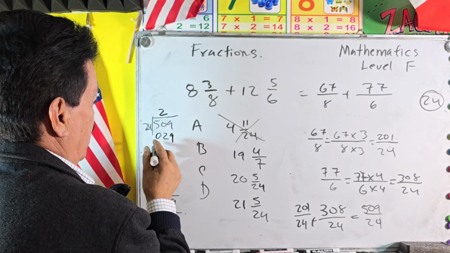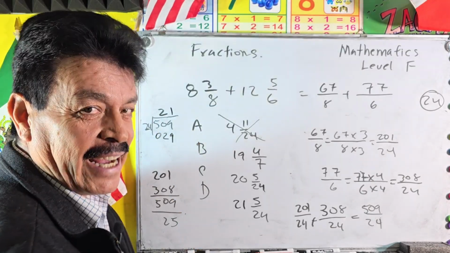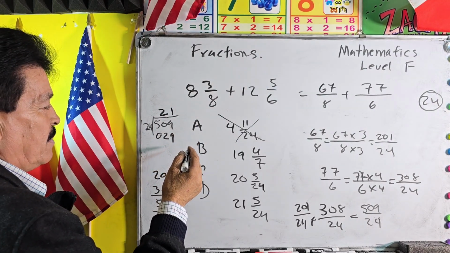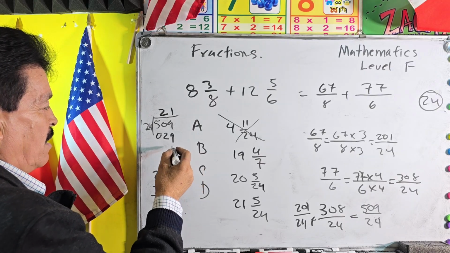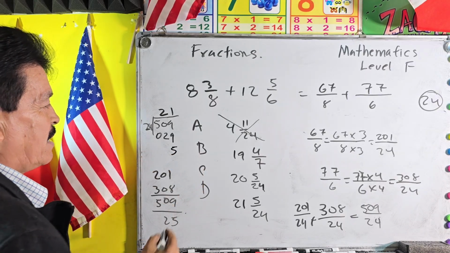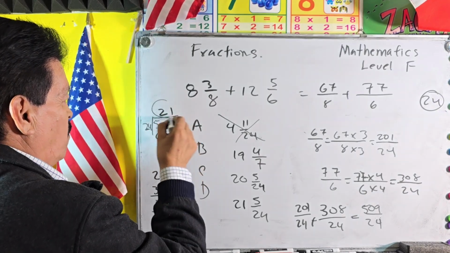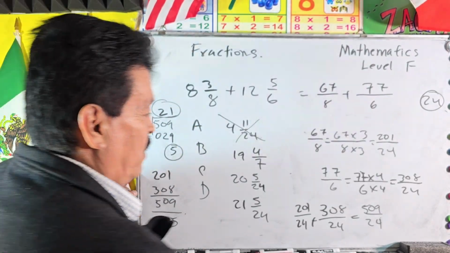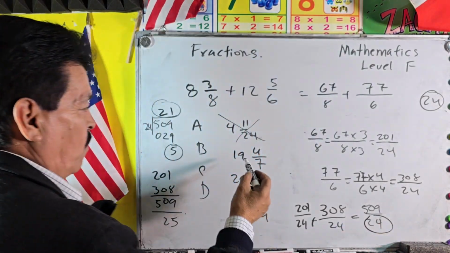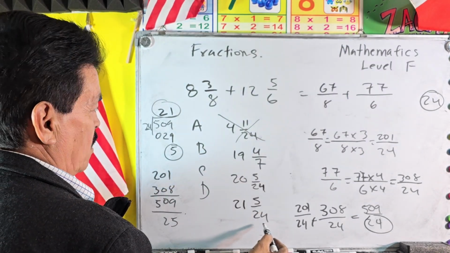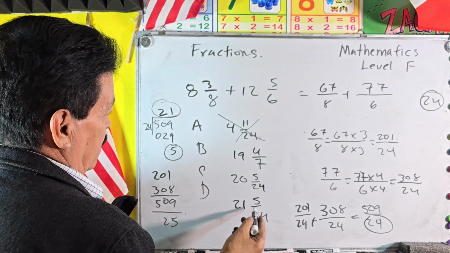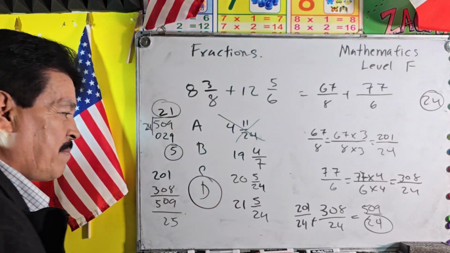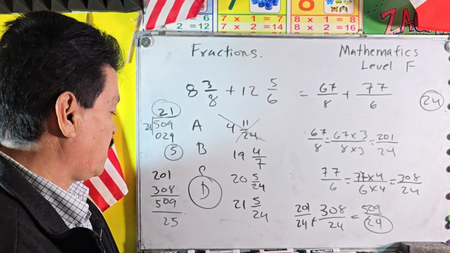Look at this, 29 is 1. Oh, I got it, the right answer, right? It's 24. And then 5. Look at this. We have these two numbers. Where do you see these two numbers? We have 24 right here, right? It's 24 in the bottom. So we have 1 right here and 5. This is the right answer. See? So that's the process.